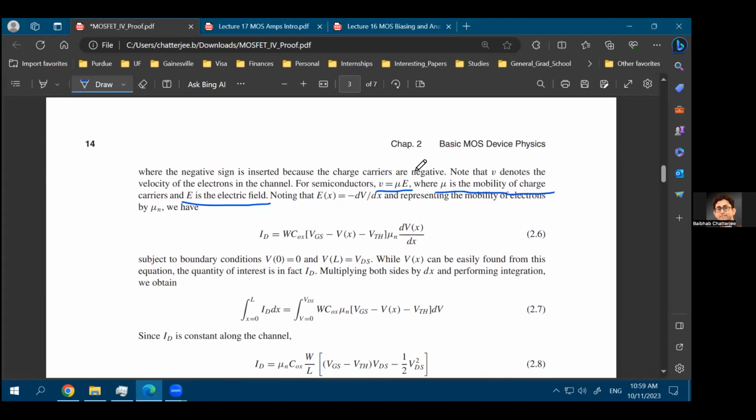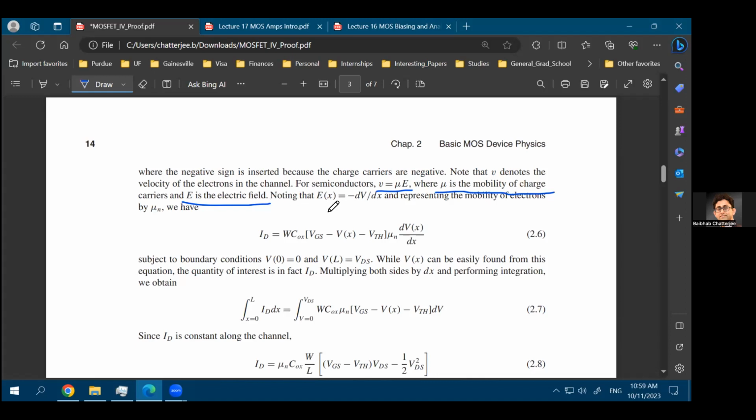The velocity is proportional to the electric field, and mu is the proportionality constant, which is called the mobility of the charge carriers. Again, you'll get more details if you take a class on semiconductor device physics. But for this particular class, knowing this much is sufficient: the velocity of a charge carrier is proportional to the field to which it is subjected, and the proportionality constant is called mobility.